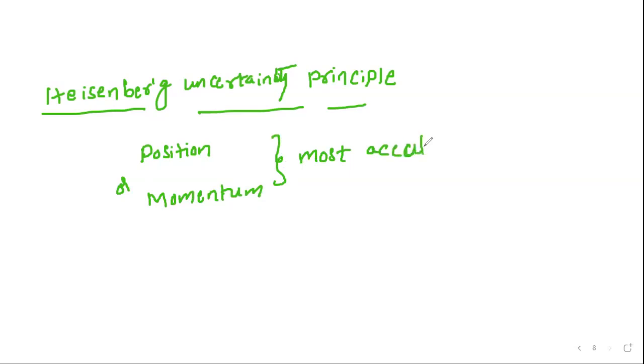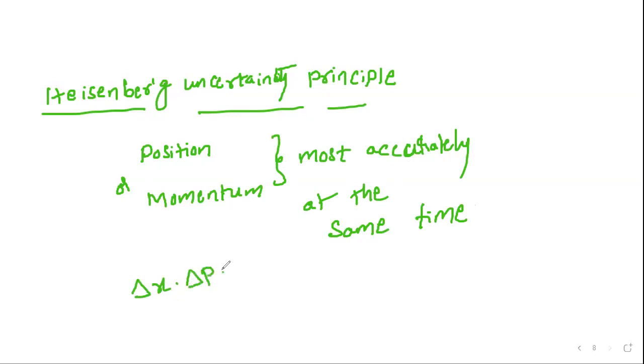Please remember the Heisenberg uncertainty principle equation: delta P into delta X should be greater than or equal to h cross, where h cross is equal to h divided by 2 pi.